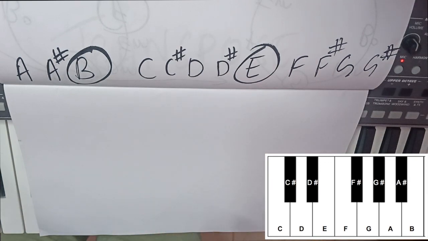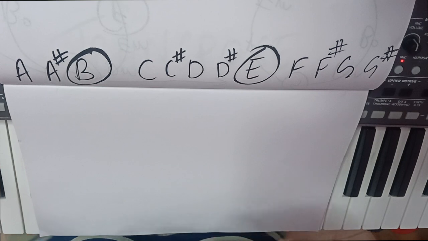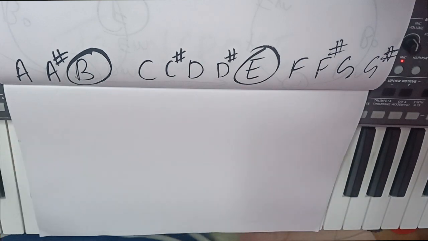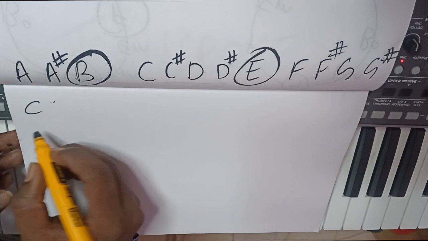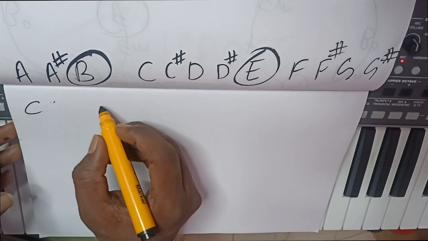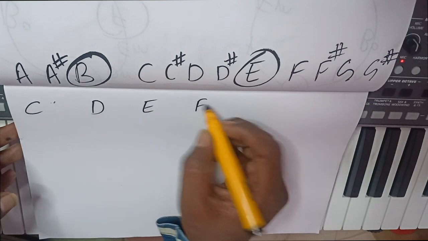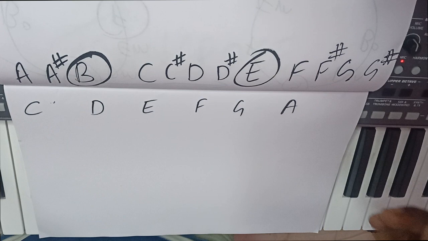So let's start with transposing. Imagine you're Googling for a song online, and you find the chords, and you know the chords in C major probably, right? The notes for the C major scale are C, D, E, F, G, A. Now B is not mainly used.